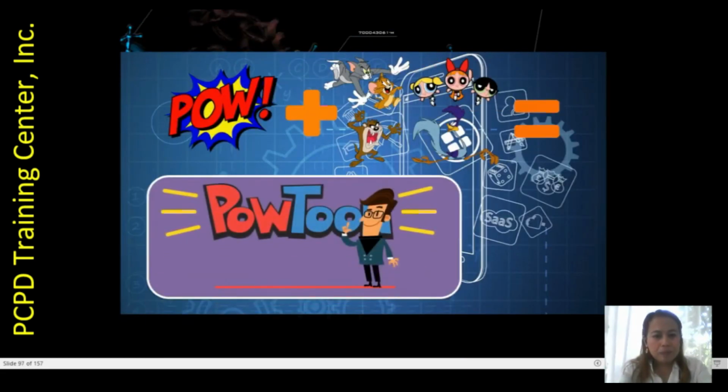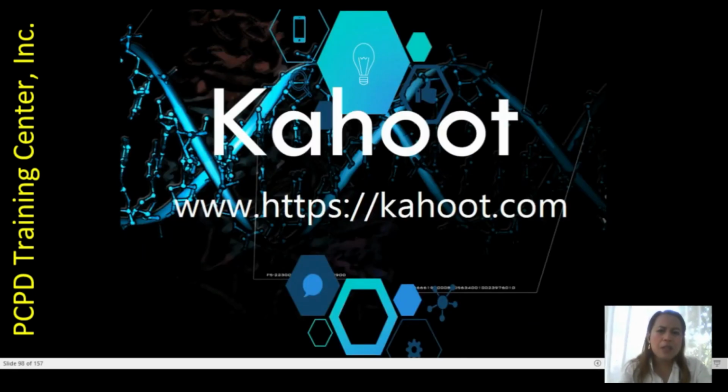There are actually heaps of Powtoon videos via YouTube. So if you want to make your own and have it personalized, like you want to make a video for your mother who is having a birthday, you can also use this app. So Kahoot is a gamification type of app where a variety of topics could be downloaded.